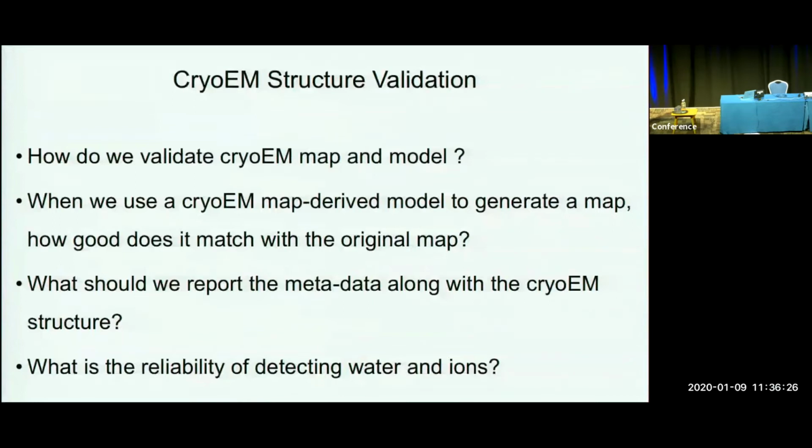The third point is exactly how we deposit the data so that the readers of your data know exactly what kind of accuracy or uncertainty your structures have. And finally, as we pointed out, in the last year or so there are more structures at the 2 or 3 angstrom level. At that regime, in the gray zone, as Eleanor points out, you really need to go down to better than 2 angstrom to do that.